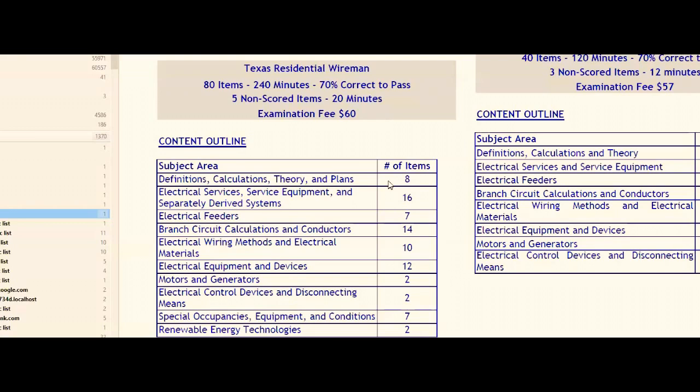In 690, I'll give you a real quick heads up on the ones I'm aware of, and then you can just highlight them real fast and be done with those. Renewable energy technologies for you will be either 690 or 694, which is wind systems.